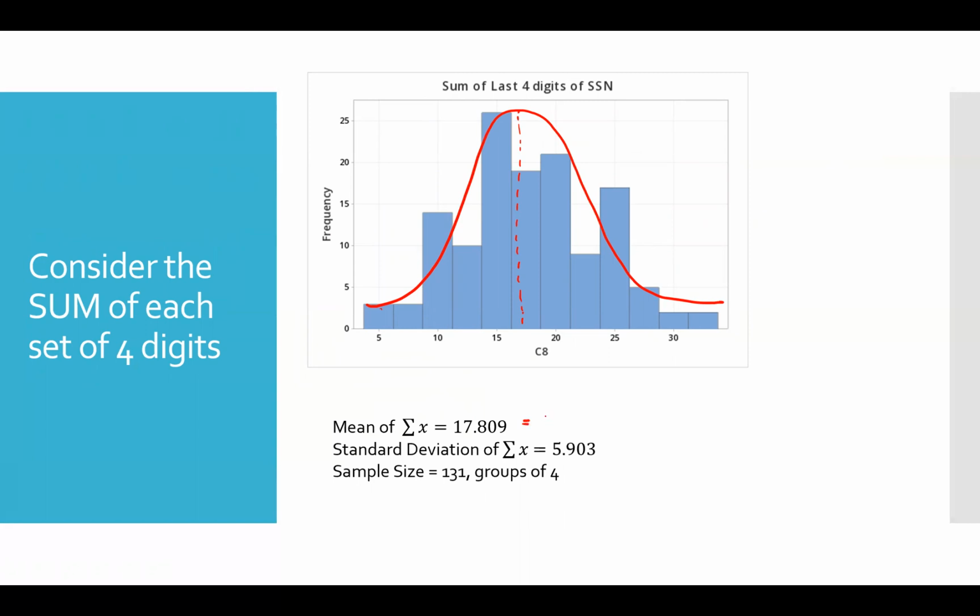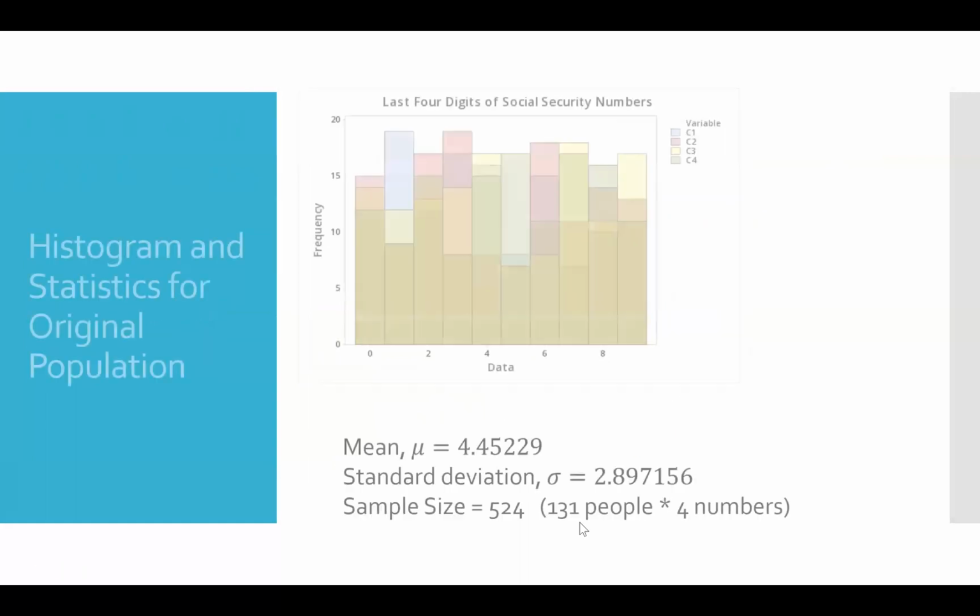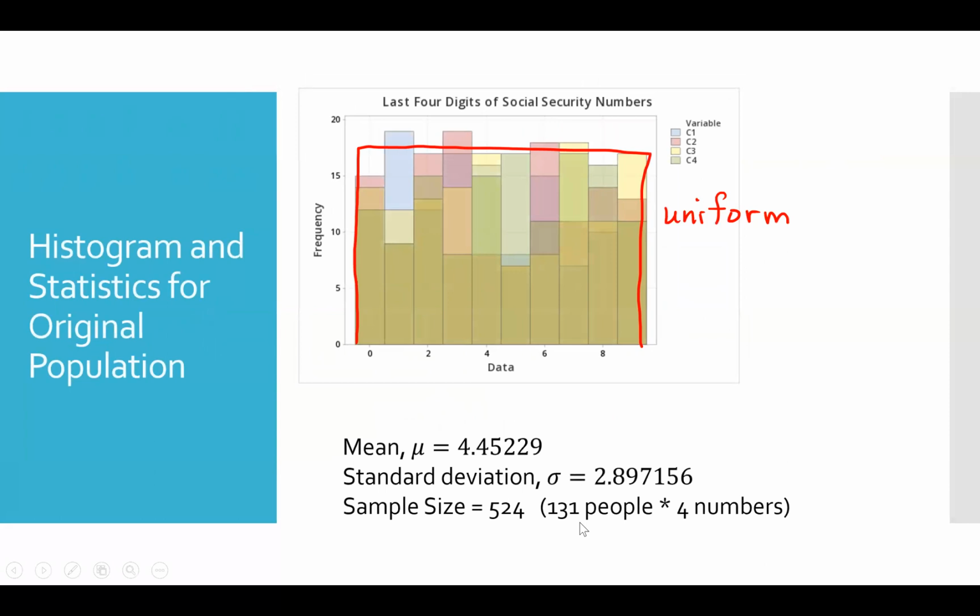17.9 should be roughly our sample size times the original mean. So our sample size, we had 4 in each group, and the original mean was, I have to go back and get it, 4.45229, okay?